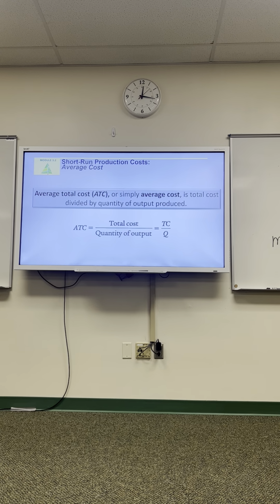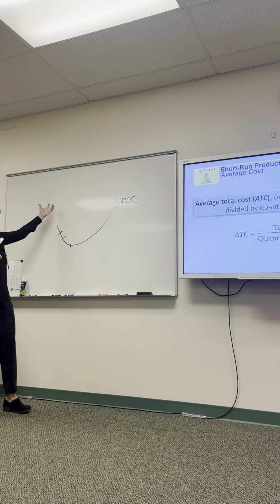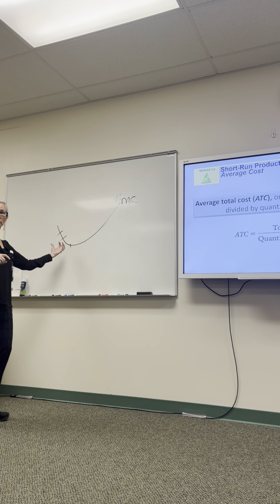I want to be really clear about something in the relationship between marginal costs and average total costs, okay? When the marginal is coming down here during specialization of workers, it's pulling the average down.